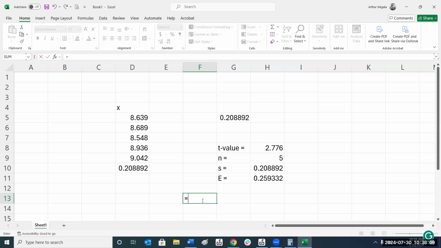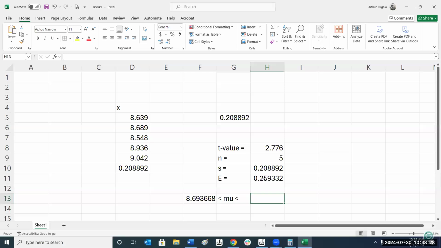So I have 8.953 minus my error, which gives me that one. And then the other side is 8.953 plus my error.